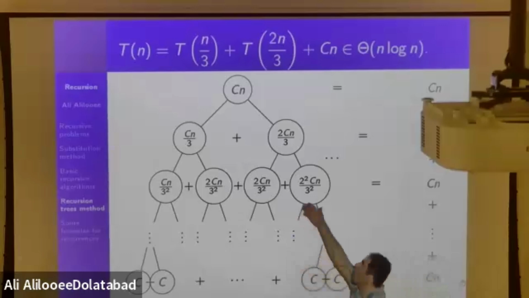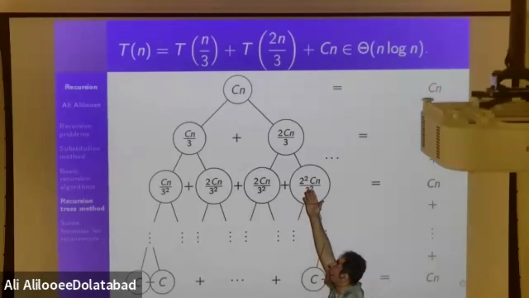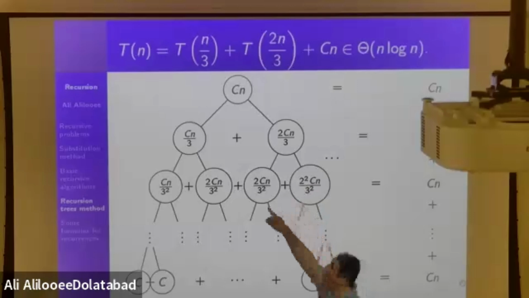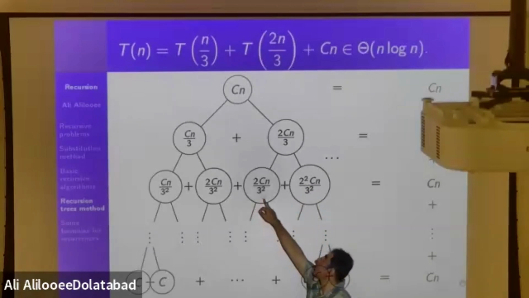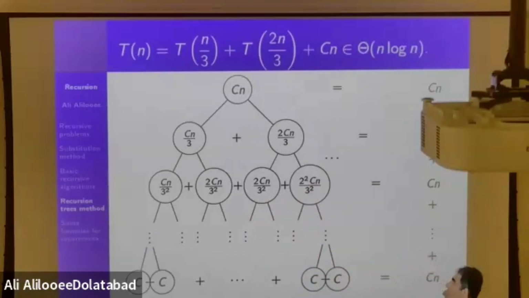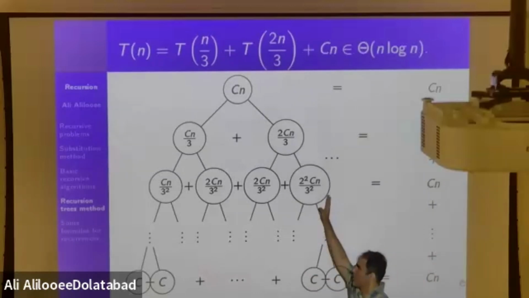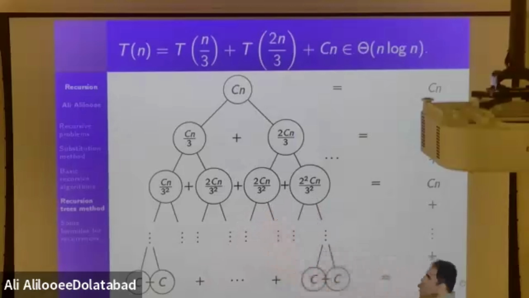And same story for the second child of the root. If you replace n with n/3, you will get 2cn/3 squared. If you replace n with 2n/3, you will get 2 squared cn/3 squared. These costs are identified by replacing n in the parent with n/3 and 2n/3.